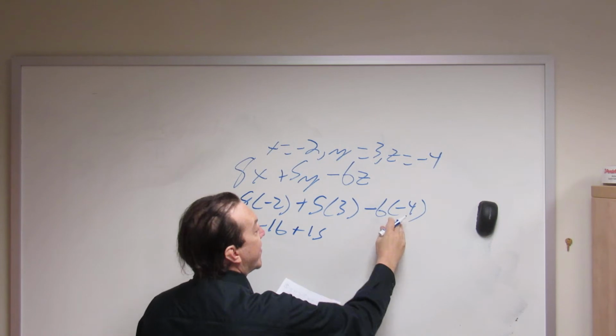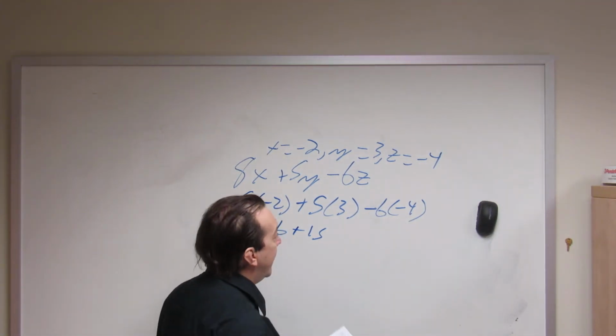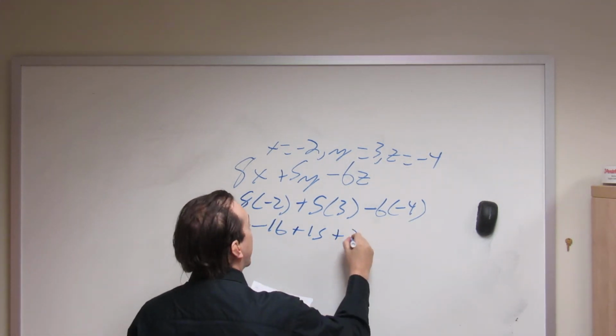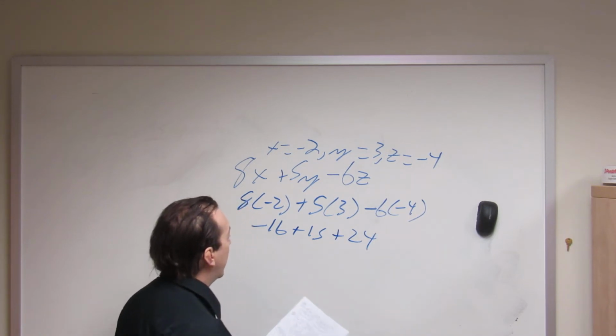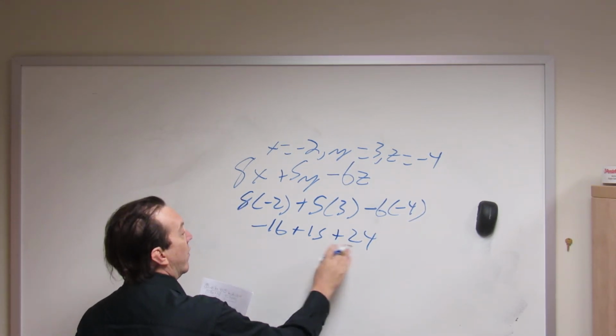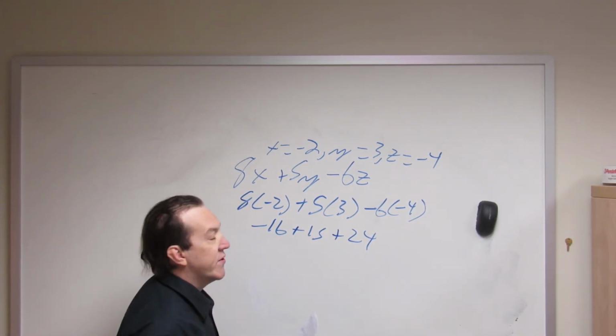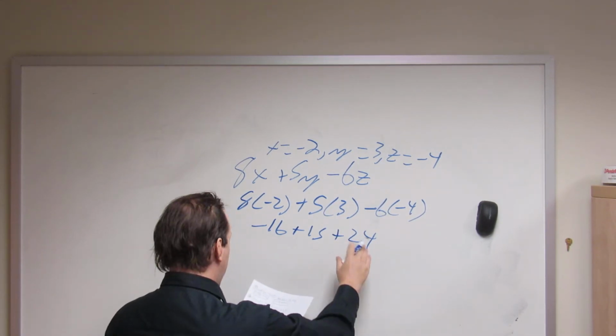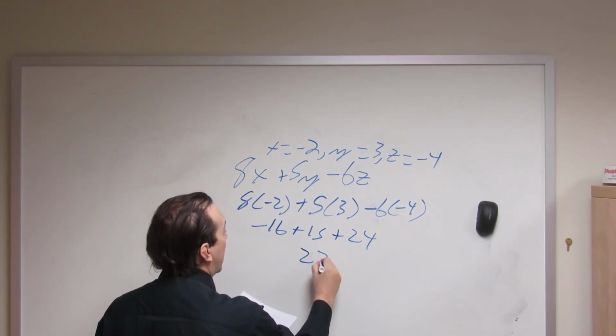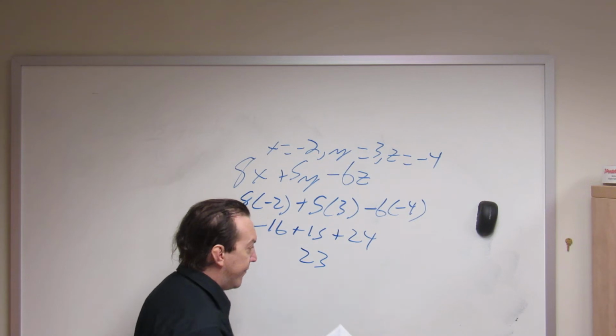Then we have -6 times -4, so it's plus 24. So now we just go in order. -16 plus 15 is -1, plus 24 is 23.